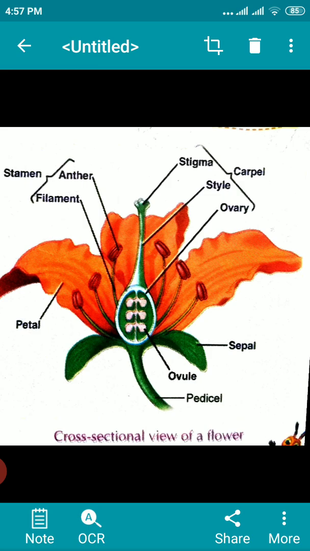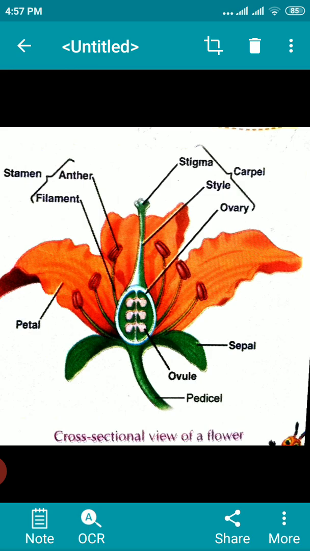Now the next one is the pistil. Pistil, otherwise carpel. The carpel is made up of three parts: one is the stigma, then the style, then the ovary.